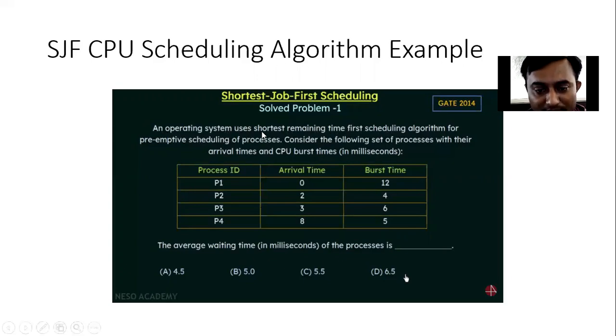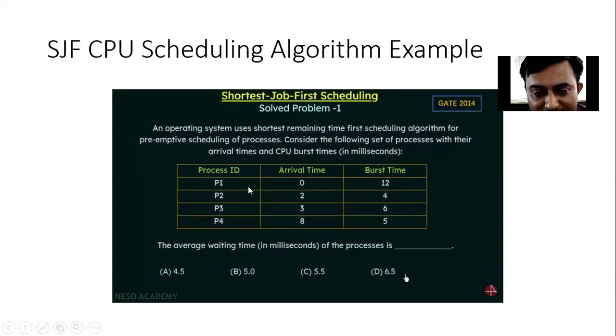If somebody asks you what is the shortest remaining time first scheduling algorithm, it is nothing but the primitive shortest job first scheduling algorithm. So you should not be confused when such an input appears in your examination. Shortest remaining time first is nothing but primitive SJF. So for primitive scheduling of processes, that is given.